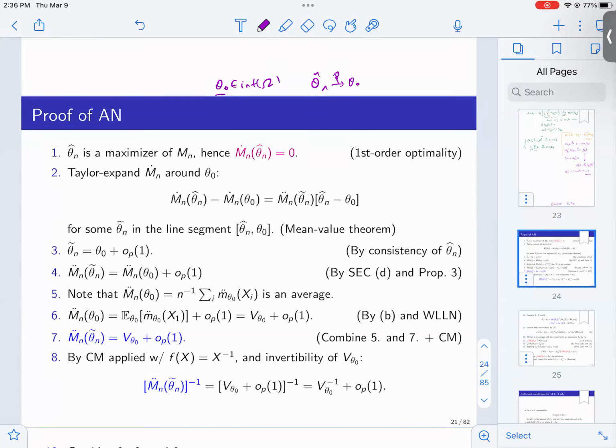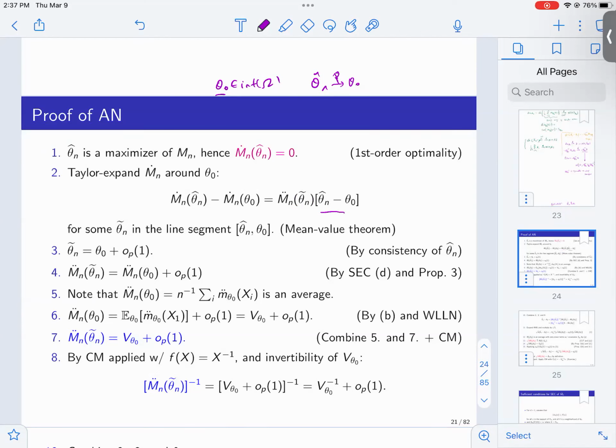Now we Taylor expand around theta naught. So we have M dot n at theta hat n equal to 0. By the assumptions that we made, we assume this expansion holds, so M is implicitly differentiable. So M dot n at theta hat n minus M dot n at theta naught is going to be M double dot n evaluated at some point in between, times theta hat n minus theta naught.